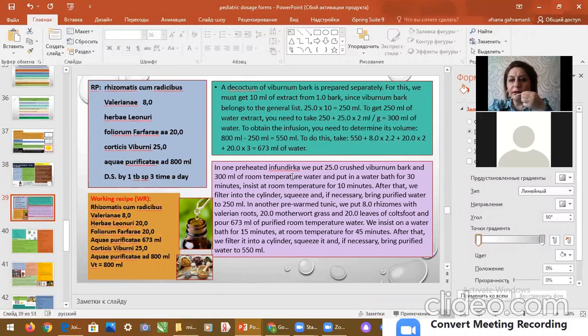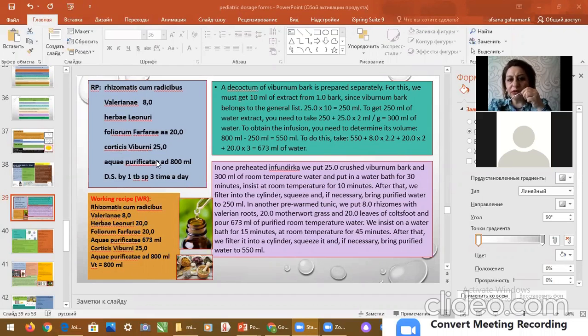How do we prepare infusum and decoctum? In our first semester we learned to prepare all drug forms, and now we repeat these preparing stages, because in pediatrics for children we prepare dosage forms of all these types: powders, solutions, infusum, decoctum, and others.